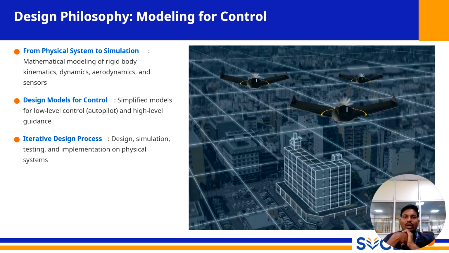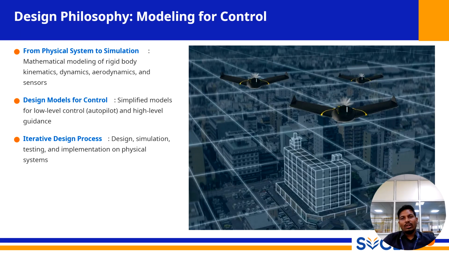While a highly detailed model is perfect for simulation, it can be too complex for designing the control algorithms themselves. This leads us to the next step, creating simplified design models for control. We develop different models for different tasks.